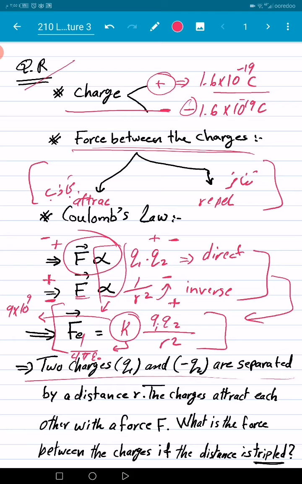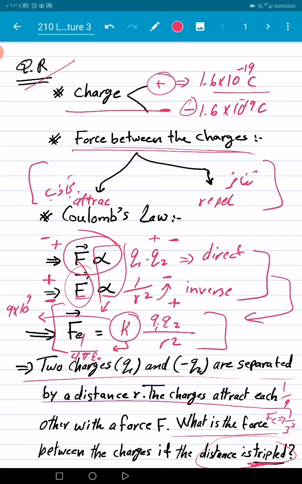And we discussed example 1, and be careful when the distance is tripled. Here we know the electrostatic force is inversely proportional to the square of the distance, so if it is tripled, that means Fe is proportional to 1 over 3 squared, so 1 over 9.